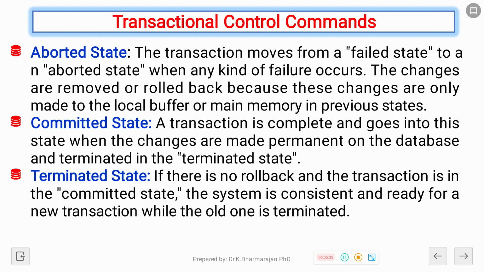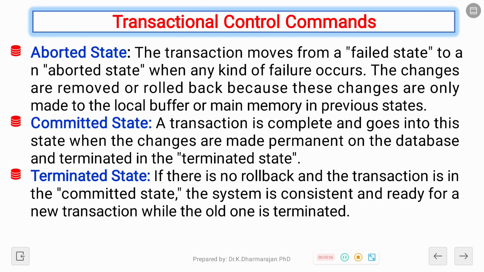Another thing, the committed state. When the transaction is completed, it goes into the state in which the changes are made permanent, and the database is in the terminal state. Once the transaction is successful and finished, it goes to the end state. The end state is called the committed state. Another thing, the terminate state.